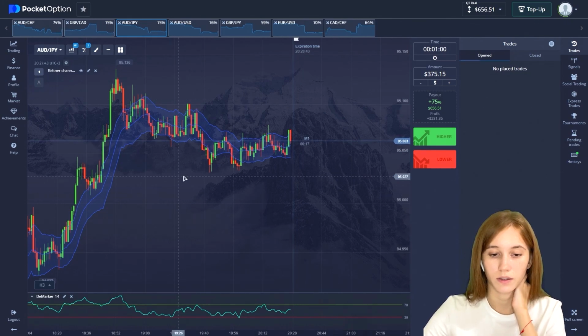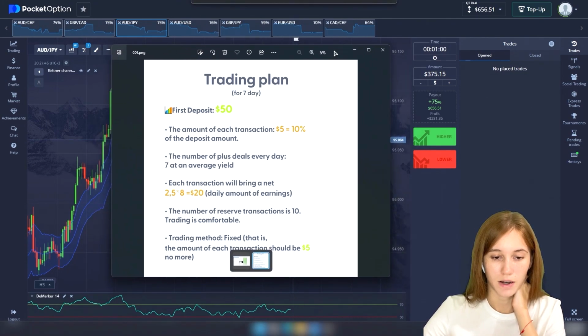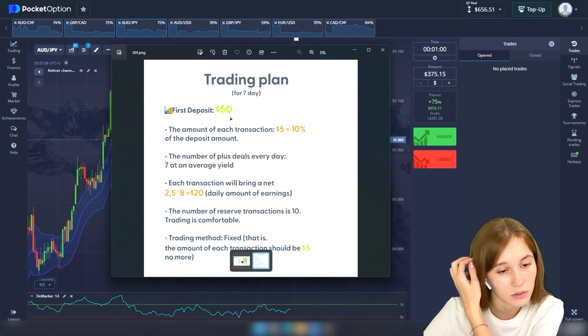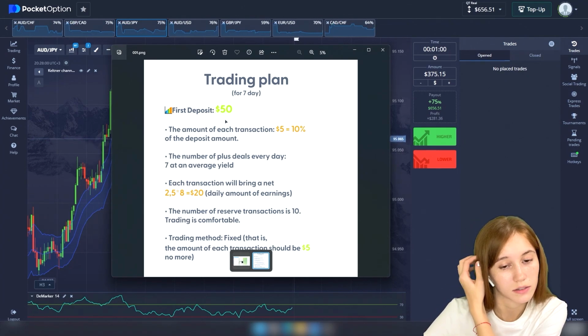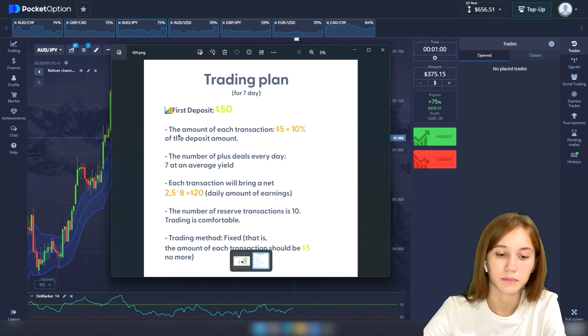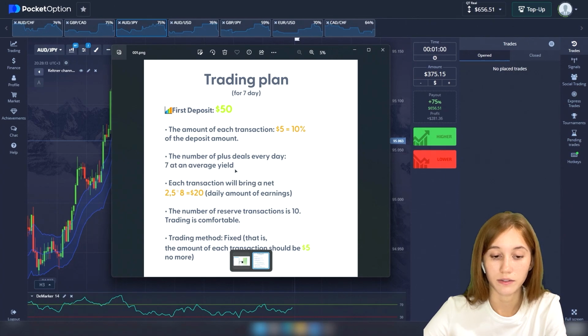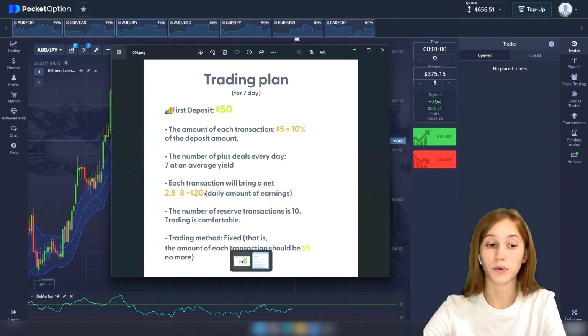For the start, I'll show you my table plan. Yeah, you see it. It's like an example of a plan. You can find more in my Telegram channel. You see $50, it's our deposit, and then our deal will be $5, 10% of our deposit.